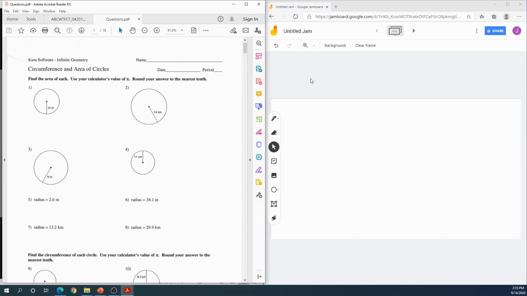Next problem we're going to work on is problem number 5. So again, same equation. Area is equal to 0.785 times diameter squared. And we know our radius is 2.6.